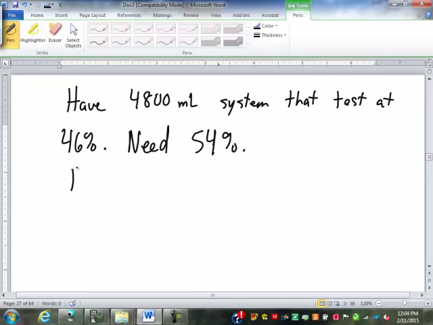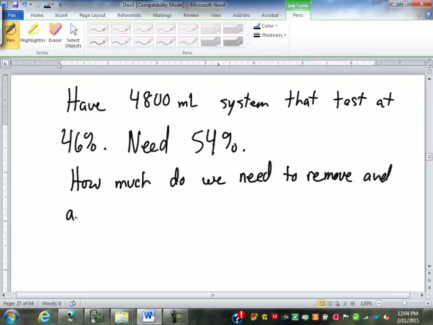So the question is, how much do we need to remove and add pure antifreeze in this case to reach the 54%.